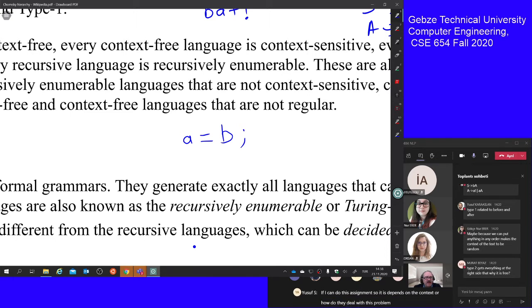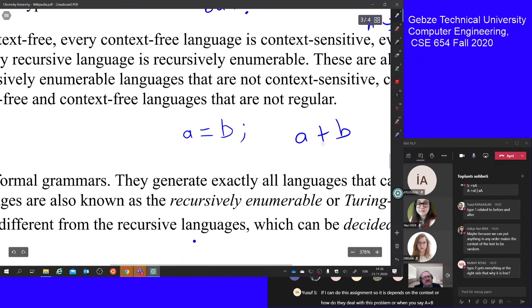Or when you say A plus B, the meaning of plus changes depending on the types of A and B, right? So it depends on the context. So how come I can use context-free grammars to express our C or Java language formally?